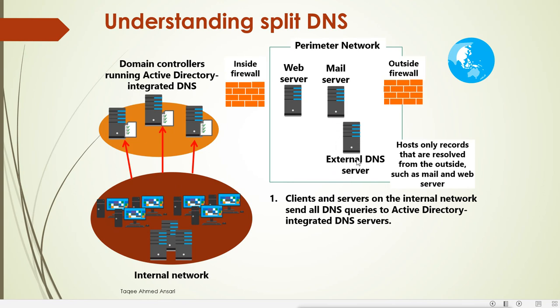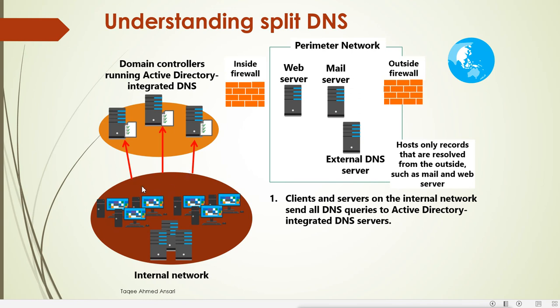In this external DNS server we have records only for the perimeter network servers. That means web server, mail server, or any other server. So it will resolve only those servers that will be accessed from the internet. In this external DNS server we don't put any record for the internal machines or internal servers.